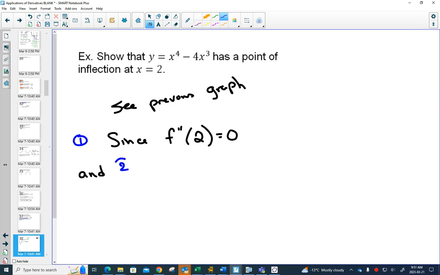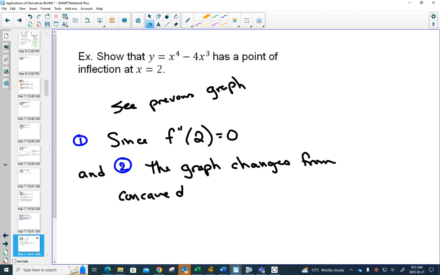And reason number 2, the graph changes from concave down to concave up.